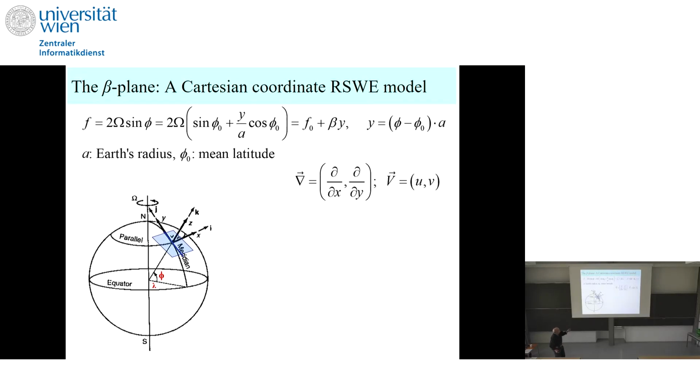You can also take the sine phi function and Taylor expand about that latitude at which the plane is tangential to the sphere. If you expand it to first order in phi, then you get f0 plus beta y, where beta is given by cosine phi 0 over a, just regular Taylor expansion.